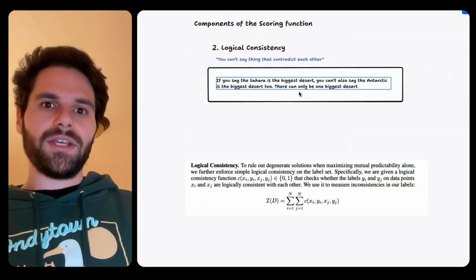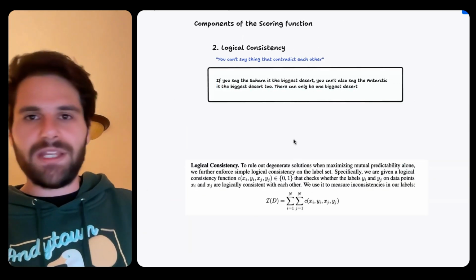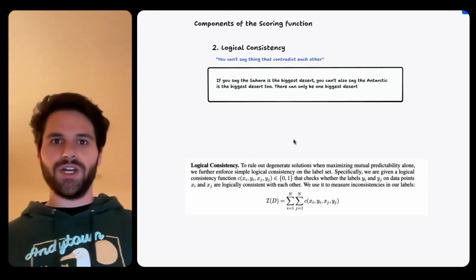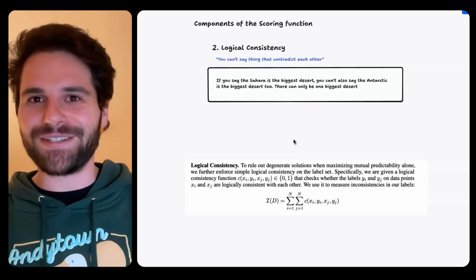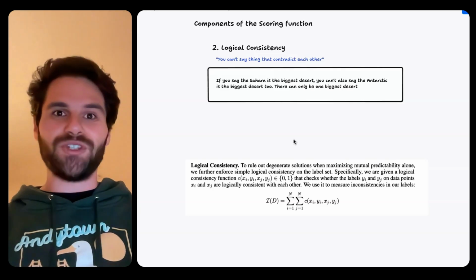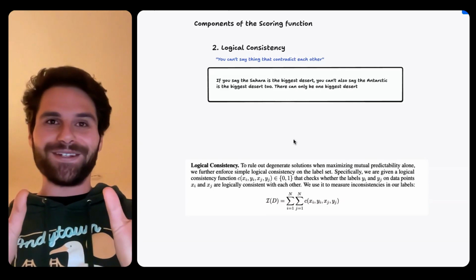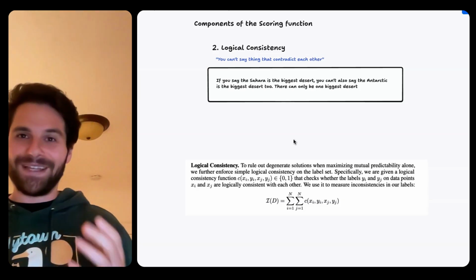The second part is logical consistency, which just means you can't contradict yourself. So if you say the Sahara is the biggest desert, you can't also say the Antarctic is the biggest desert, because there can only be one biggest desert. So you pick pairs of things and ask, does one of them have to be false? Is this a contradiction?